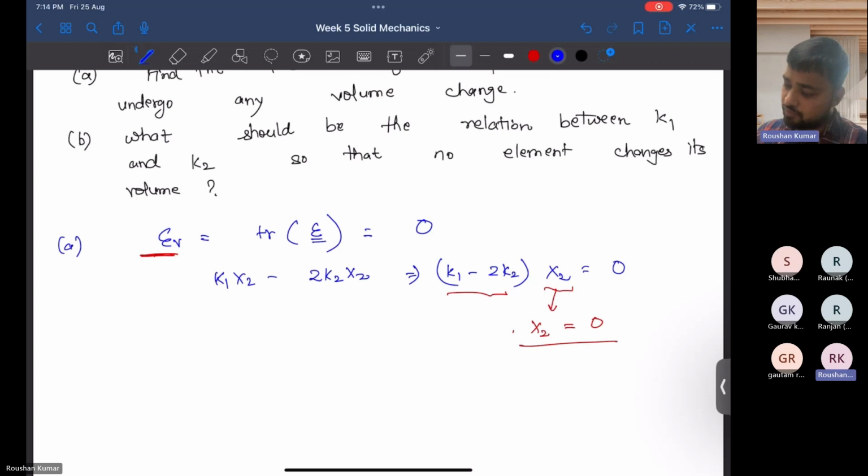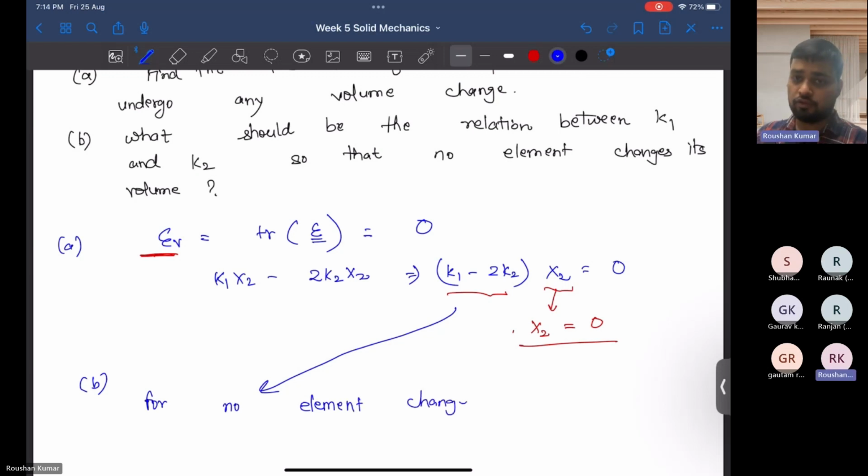The next question is, what should be the relation between K1 and K2 so that no element changes its volume? For no element to change its volume, this expression has to be 0.